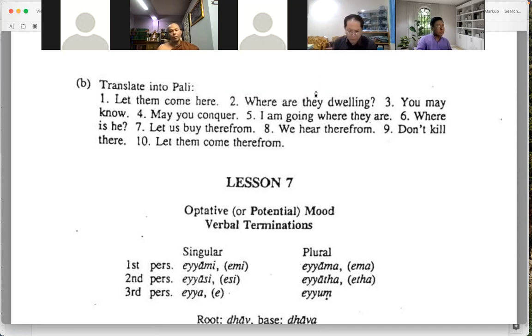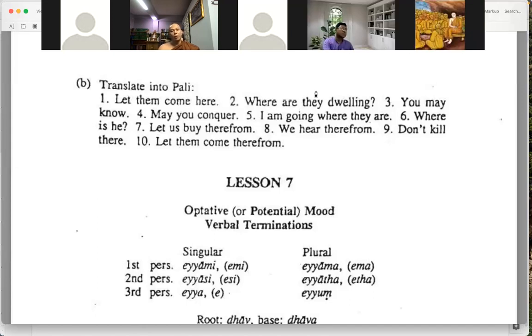They is the subject, plural. Dwelling, are dwelling, is present continuous tense. In Pali we don't use continuous tense, so simple present: vasanti. So kuhim te vasanti, or kattha te vasanti. Where are they dwelling? Just that.